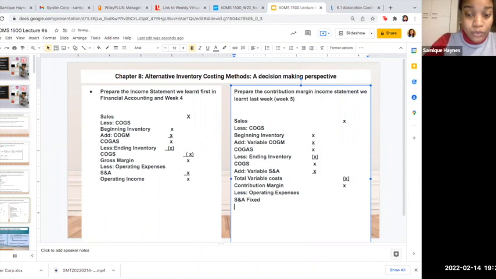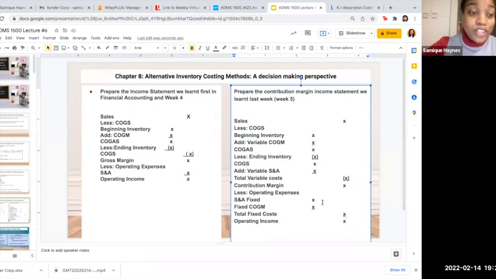And it will also include our fixed cost of goods manufactured, leaving us with our operating income. I'm going to call this total fixed cost. Okay, any questions here? This is very important for everybody to understand.